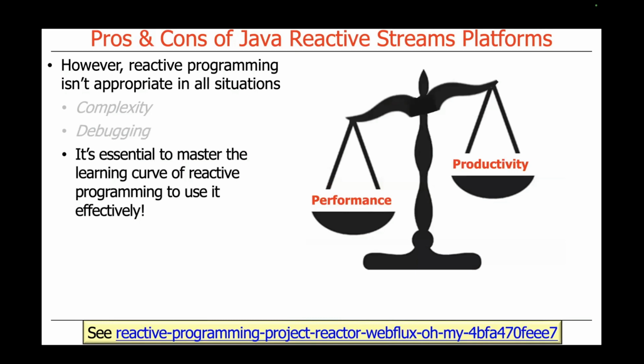So the key thing to remember, which of course is motivating what we're doing in this class, is it's essential to master the learning curve of reactive programming in order to use it effectively. When you master the learning curve, you can be both productive and achieve high performance of the computing infrastructure. But there's some effort that's required to do that effectively.